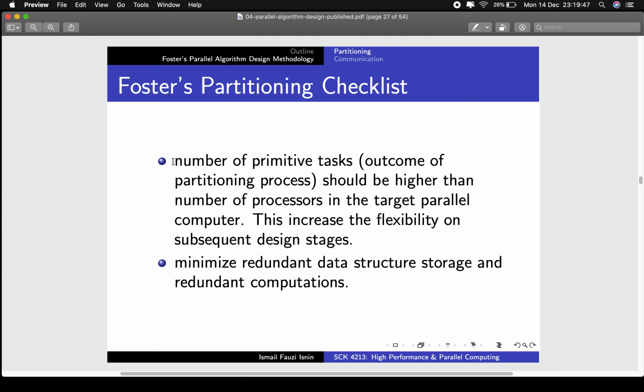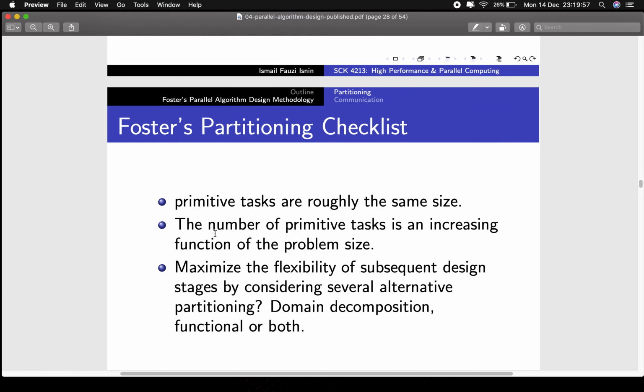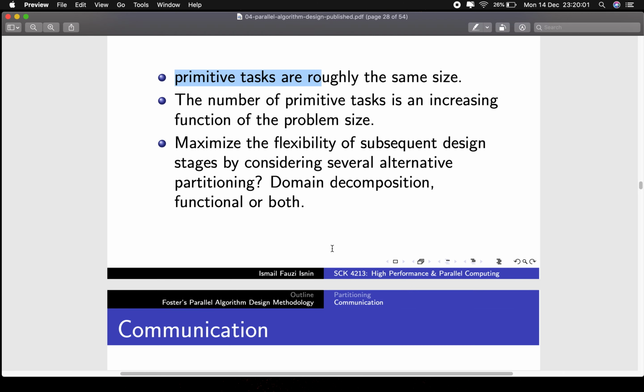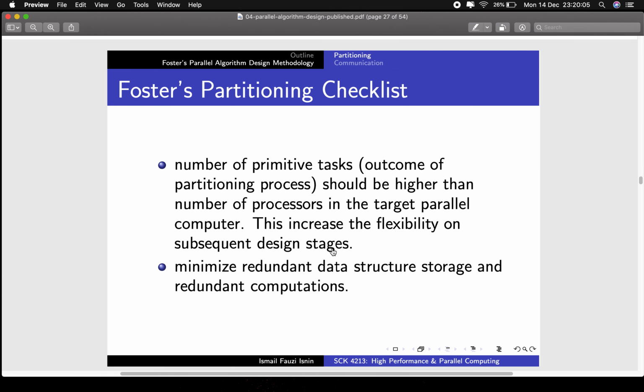So what is the checklist? It is the number of primitive tasks, and also minimizing redundant data storage. For primitive tasks, maybe you can try to read it because it is just the checklist items.